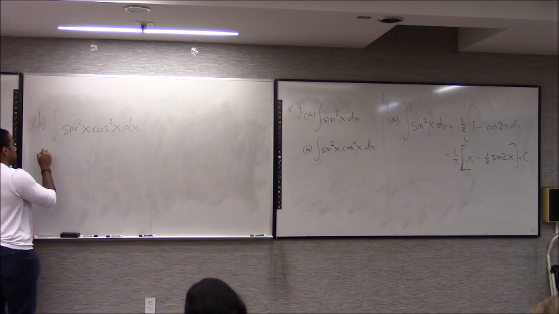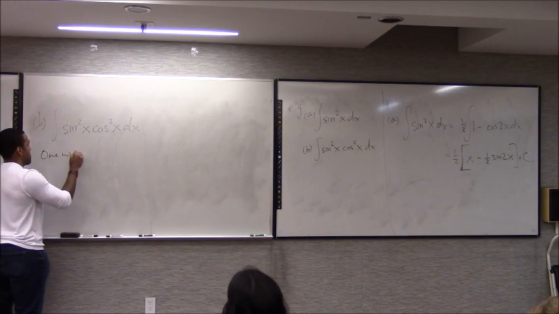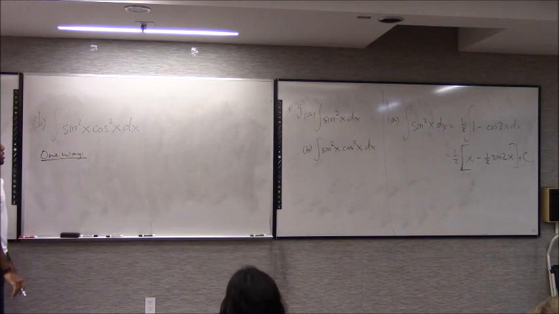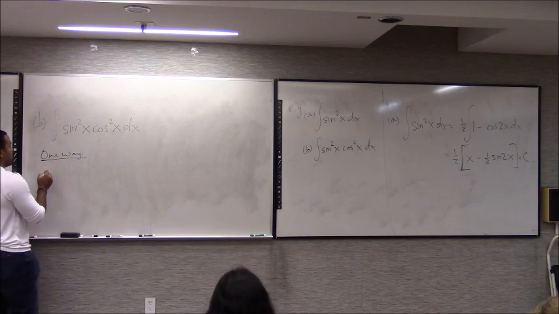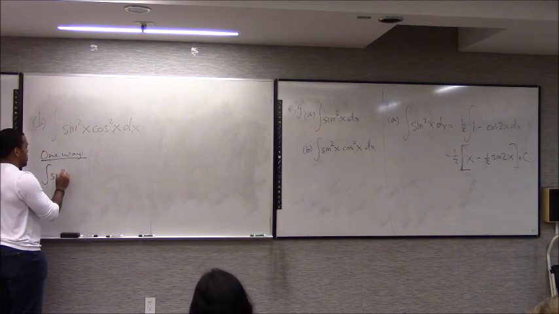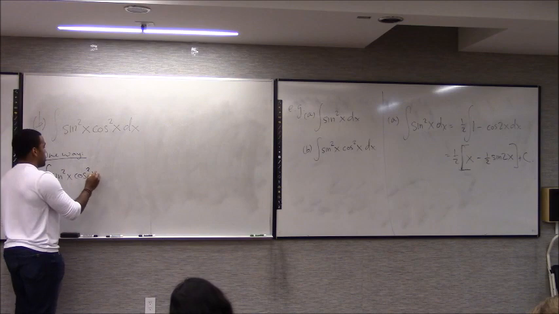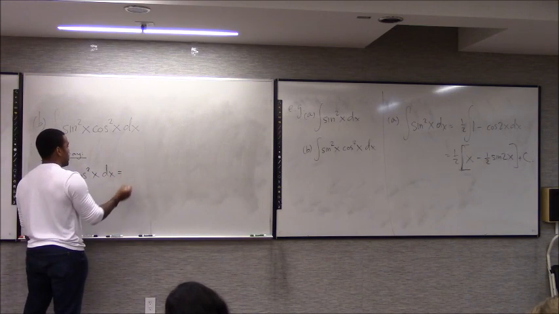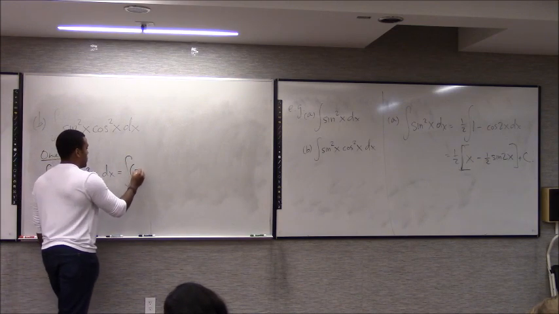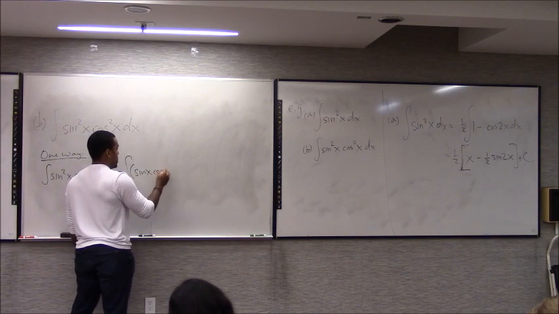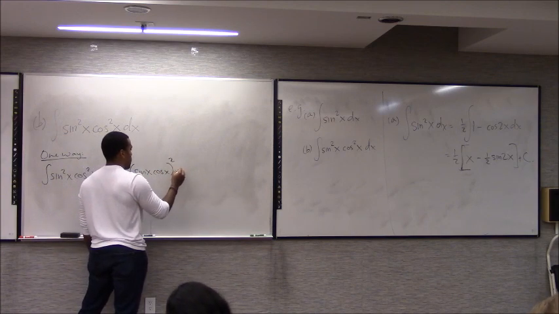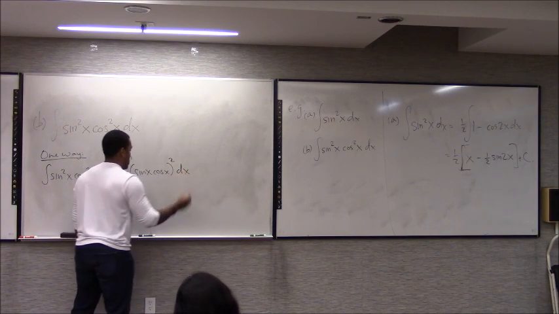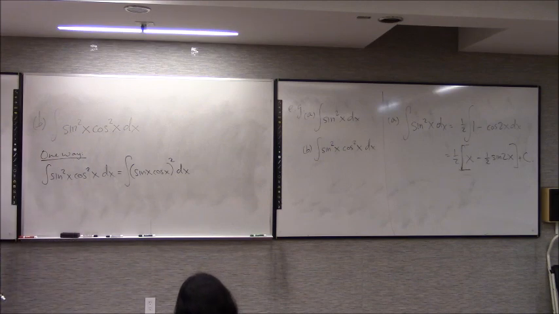Okay, so here's one way. One thing you can do is you can realize that sine squared x cosine squared x dx is actually equal to, well, sine x times cosine x all squared. So that's the first thing.